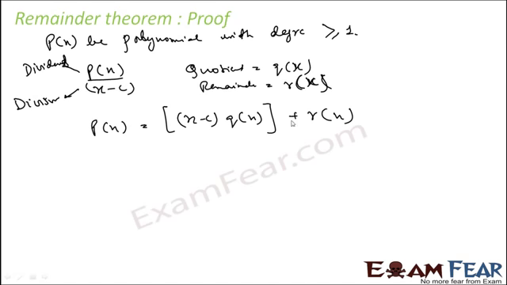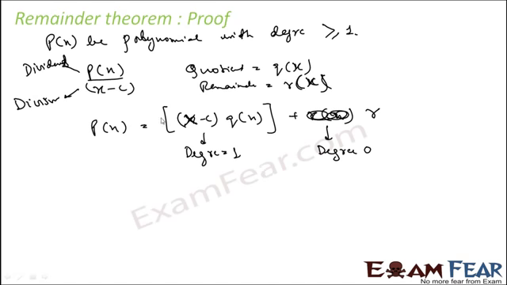One more thing to note is, as per the general rule, the degree of remainder will always be less than the degree of divisor. Degree of divisor is 1, maximum x to the power is 1. So degree of remainder will be 0. I can write r of x as nothing but some r, because it has to be some constant.